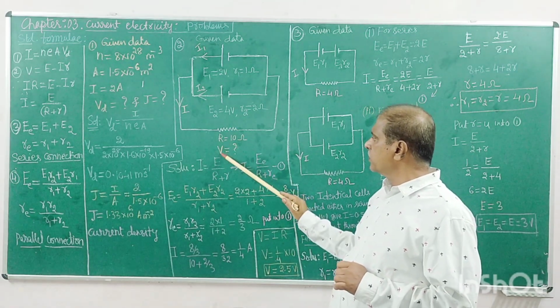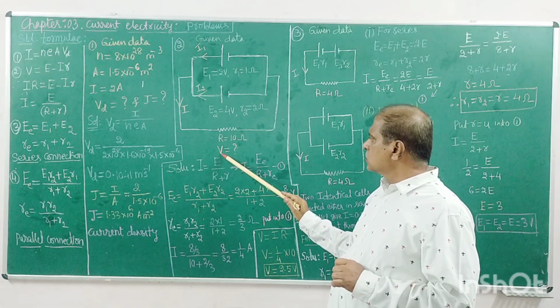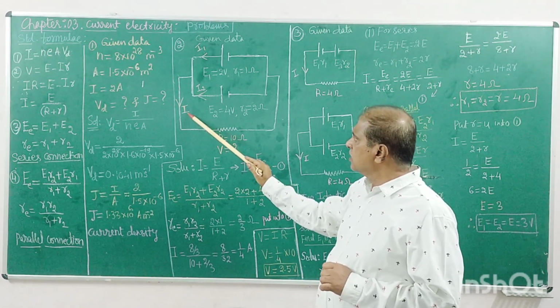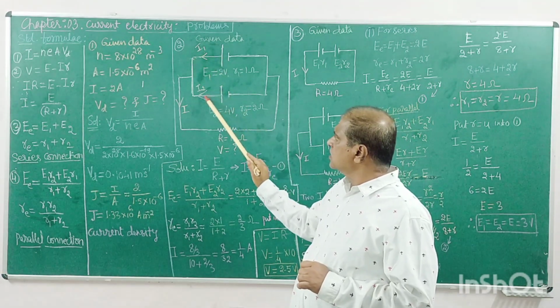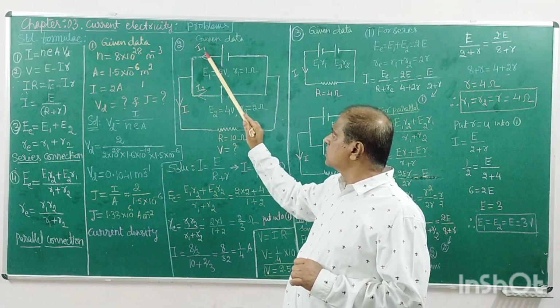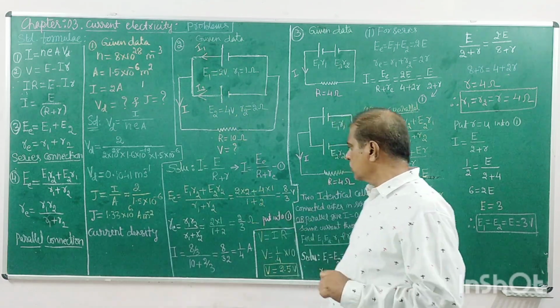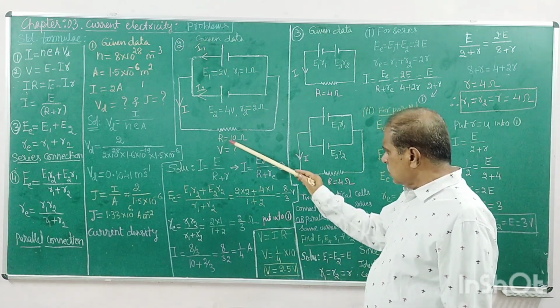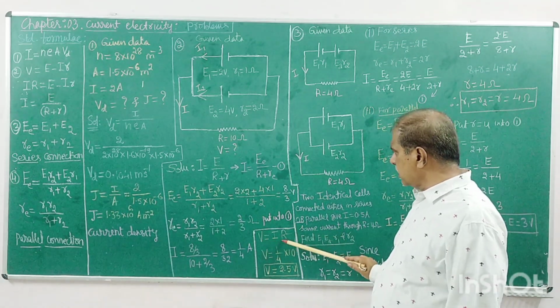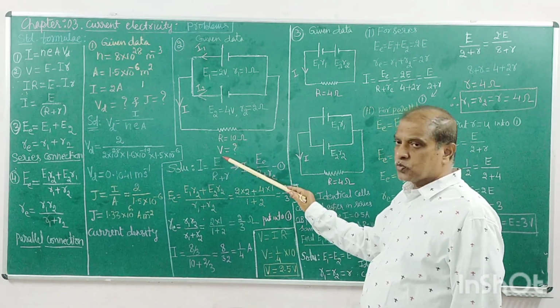That is what we need to calculate. So this is R, this is V, this is I. What is I? This I and this I join here together as the total I. So I equals I1 plus I2. Look at this: according to Ohm's law, V equals IR. V is what we are supposed to calculate.